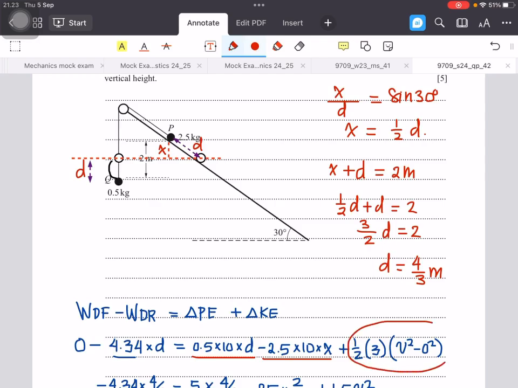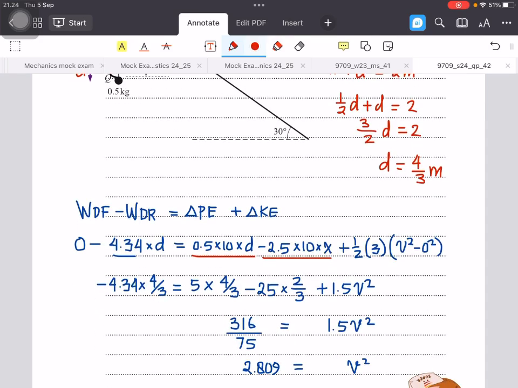And for the change in kinetic energy, since both objects move together, they have the same speed at any instant. So we can combine their masses into 3 kilograms, 0.5 plus 2.5. Then v squared minus u squared.